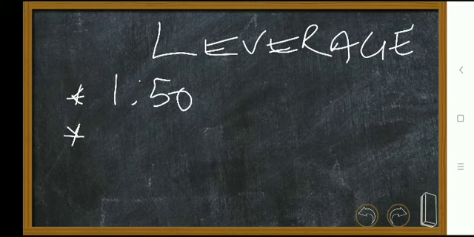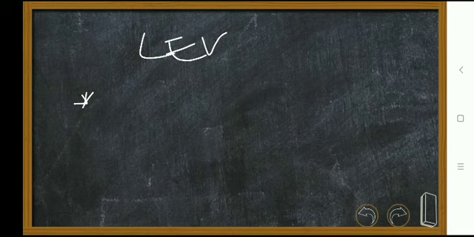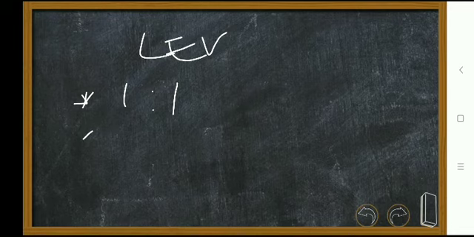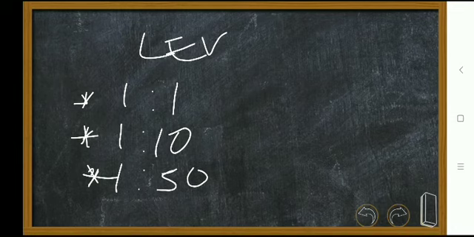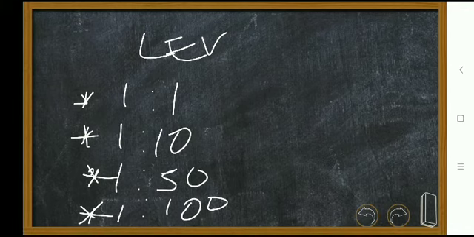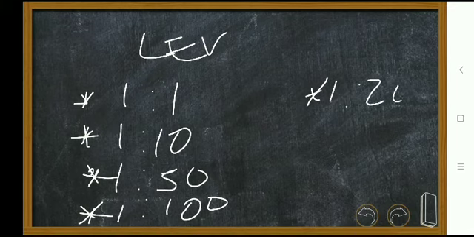Okay, let me just start with the smallest. There's 1:1. This is the smallest. You can find 1:10, 1:50, 1:100, 1:200.